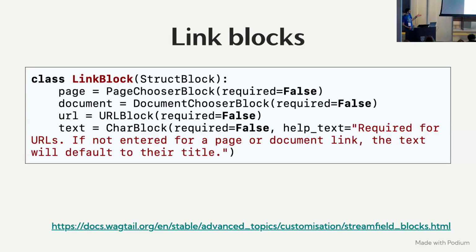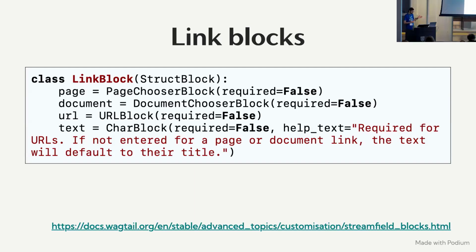So we're defining a new subclass of struct block, which is a way to group multiple child blocks together in one interface. And it's got 3 child blocks to determine what kind of link you want to create. Either an internal page link, a link to a document that is in your Wagtail documents library, or an external URL, and then a block for specifying the text of the link.